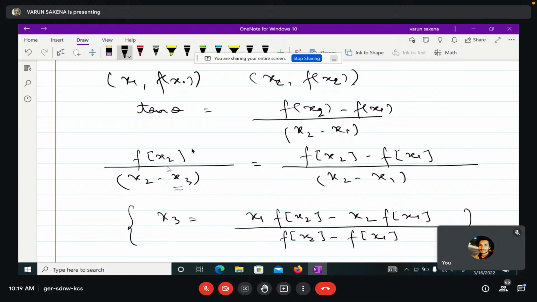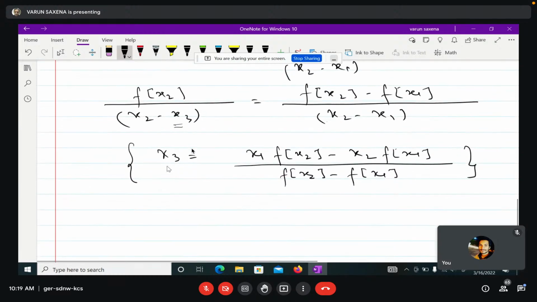So in general, if you have to run it to the ith iteration, sometimes people say that you can write it in terms of x(i+1). You don't really need to write it. You can always remember this formula. So now this is your x3, and then you check the same f(x1) into f(x3). If it is less than 0, then the root lies between them, and then you replace.